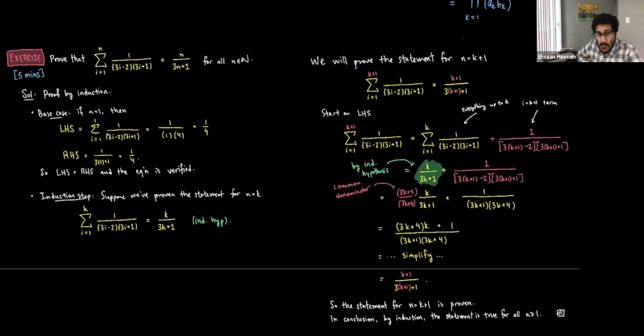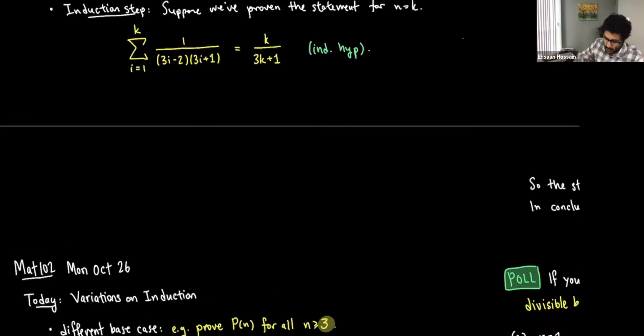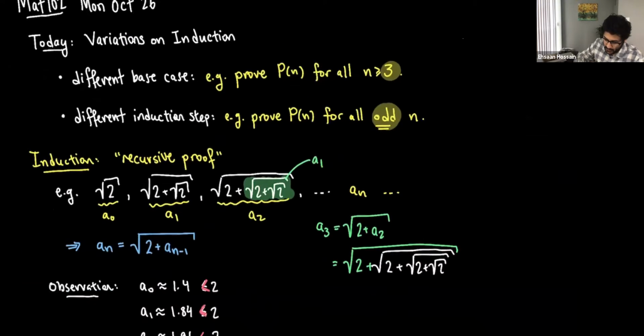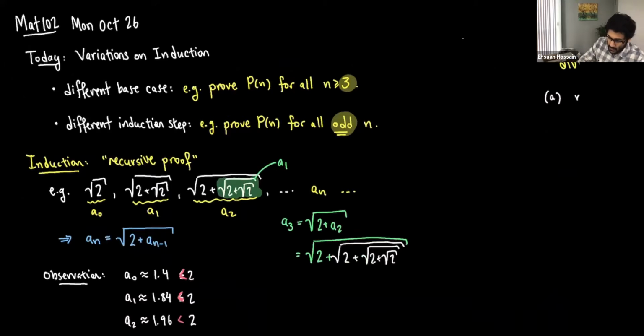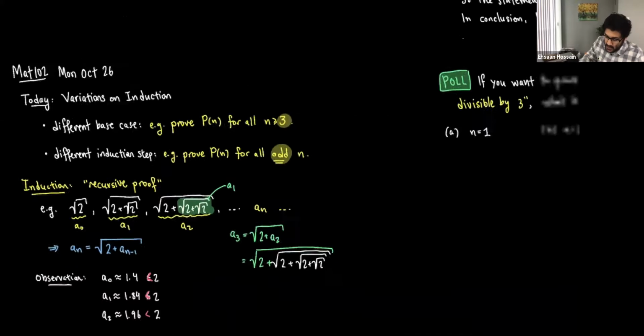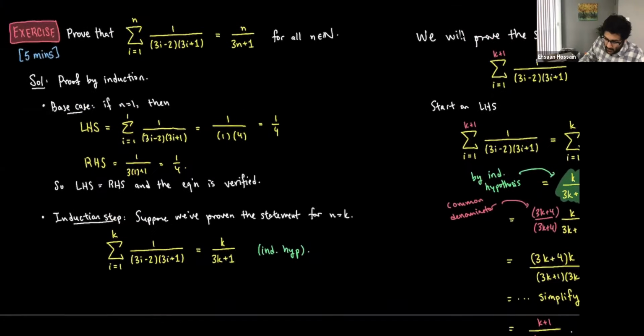Okay, cool. So now let's get to those polling questions. And remember, we were talking about variations on induction. I have about 20 minutes left. So remember, this induction example that we just did had n equals 1 as the base case.